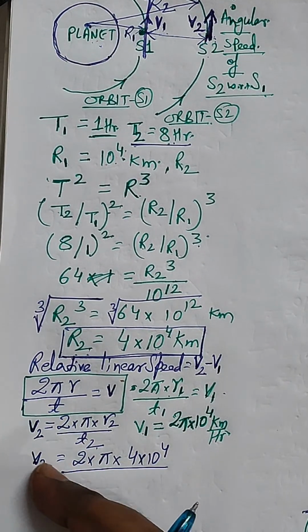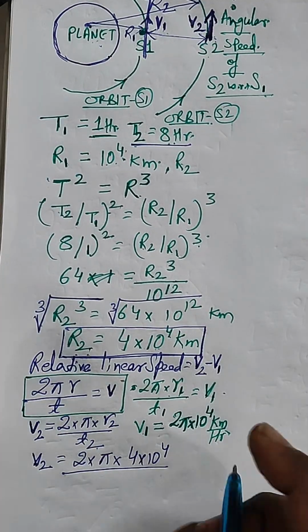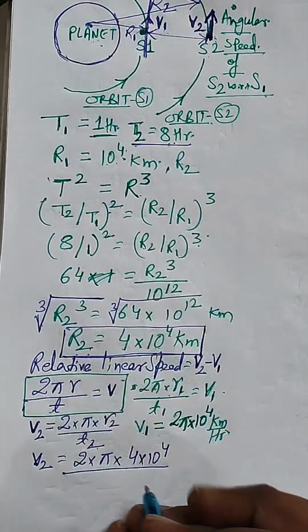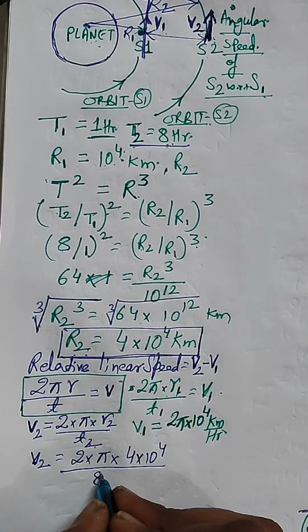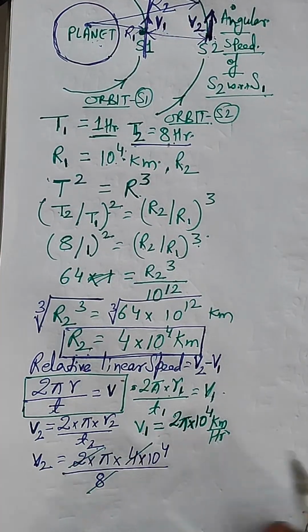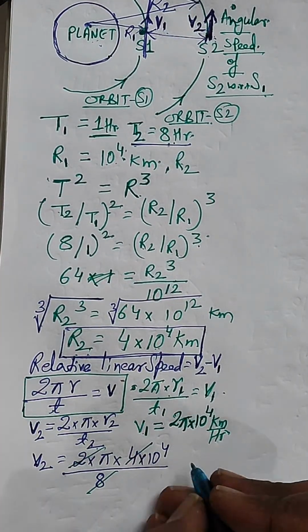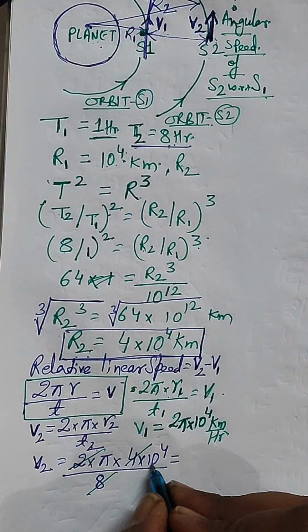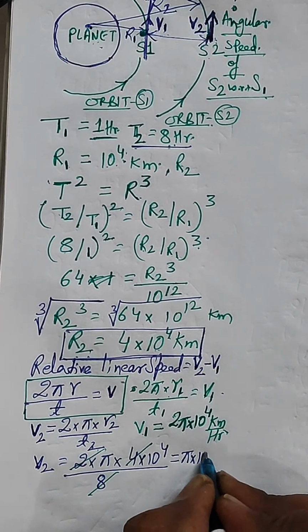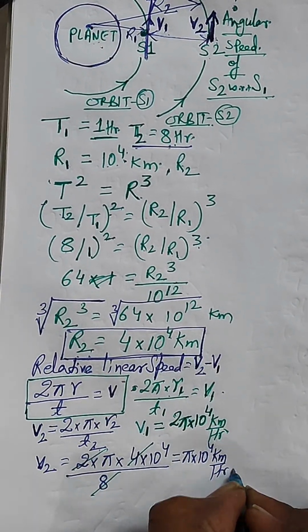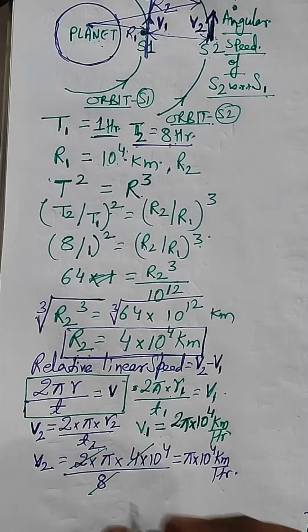That's why the velocity will be in kilometer per hour, and t2 is nothing but 8. Just put in these values. You can see 2, 4, 8 will cancel, and we get the value of v2 as pi into 10 power 4 kilometer per hour. This is the value of v2.